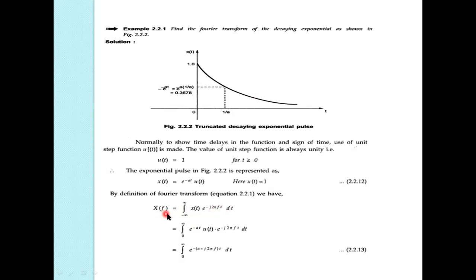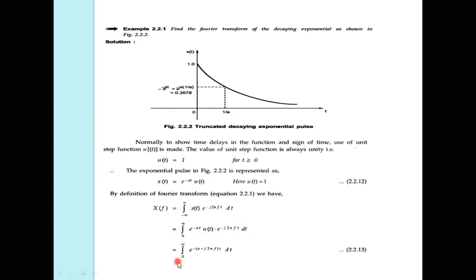Otherwise, x of omega is equal to integral from minus infinite to infinite x of t e power minus j omega t dt. Omega is nothing but 2 pi f. So x of f is equal to, substituting x of t as the given function, e power minus at mu of t, e power minus j 2 pi f t dt.